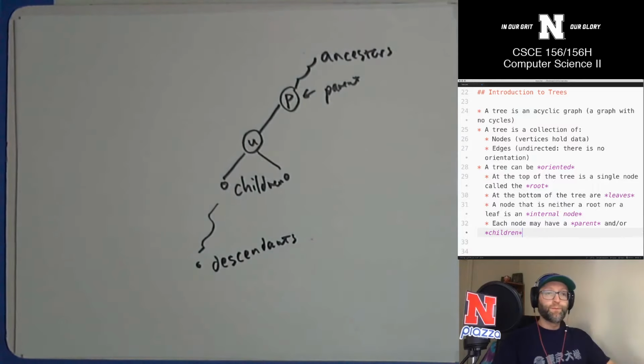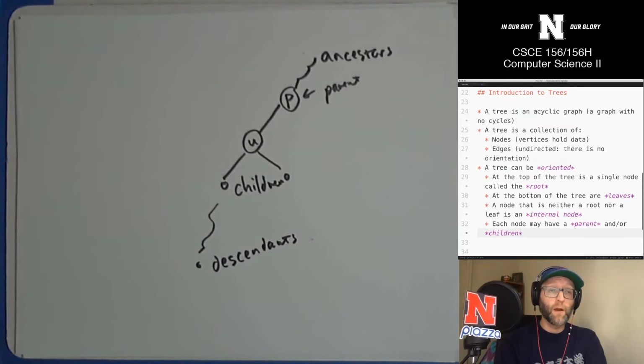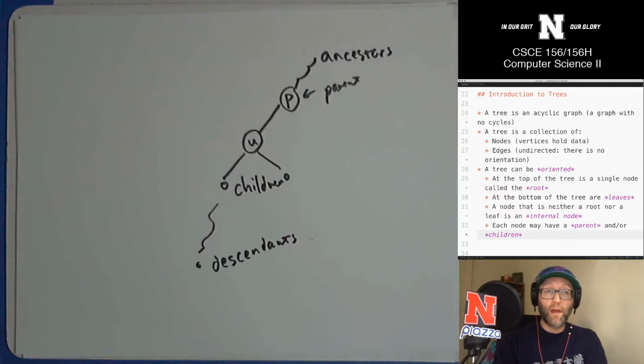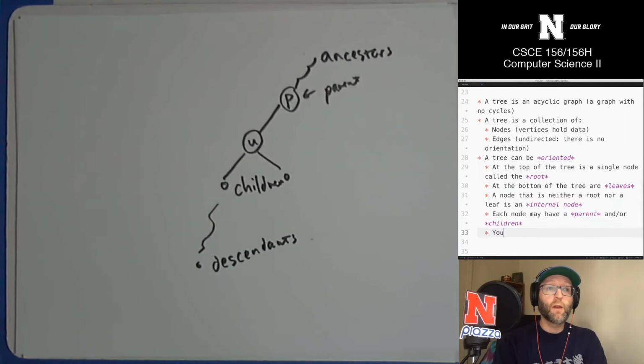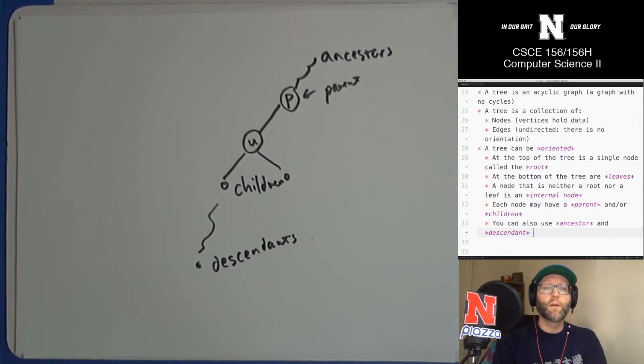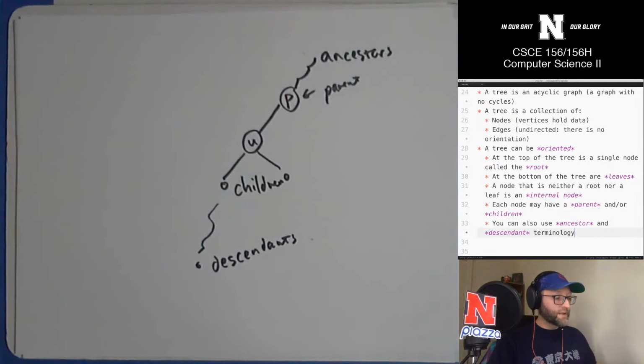So each node may have a parent and or children, and you can also use ancestor and descendant terminology. You can also bring in cousins, aunts, uncles, grandchildren, grandparents. You can bring all those things in, and it makes sense in this context because it is an oriented tree that's oriented downward.